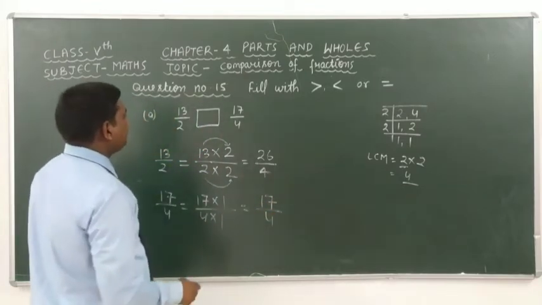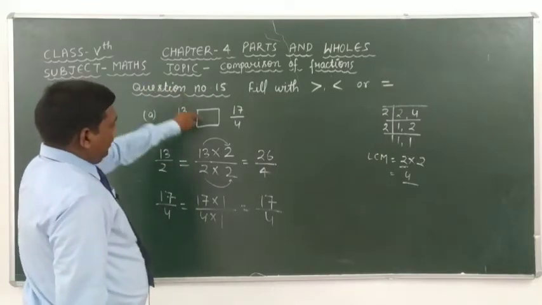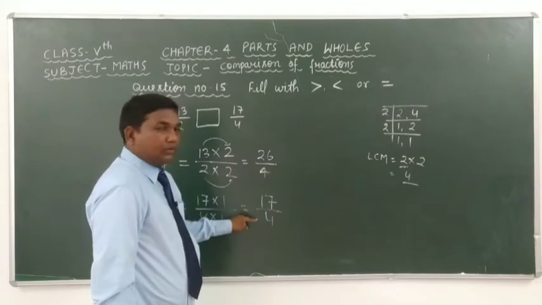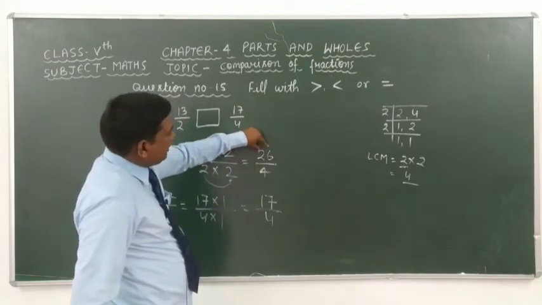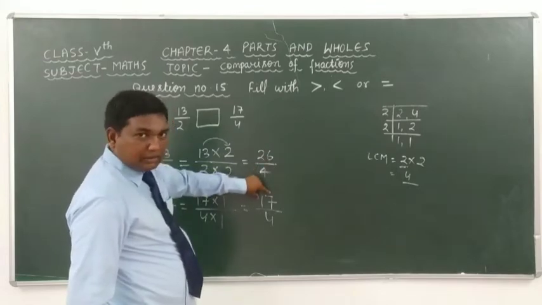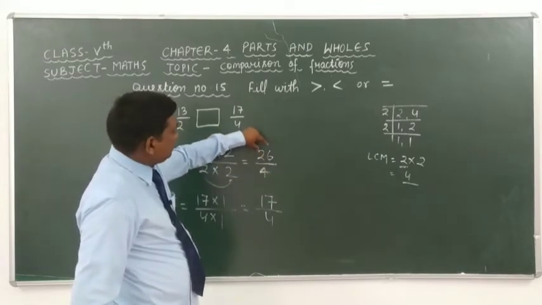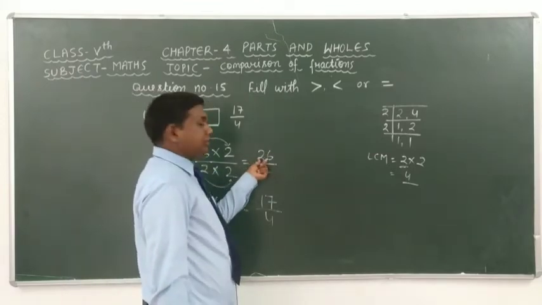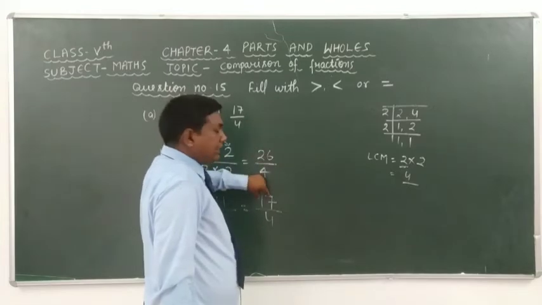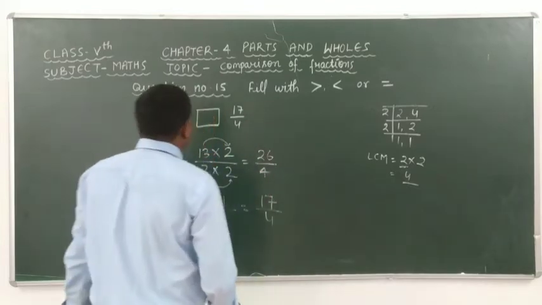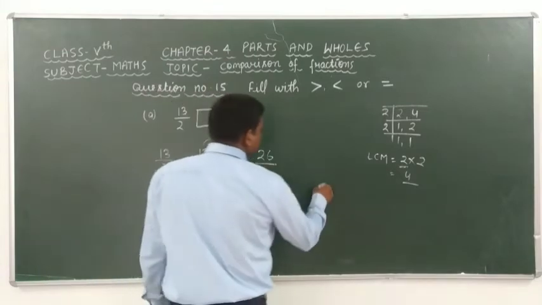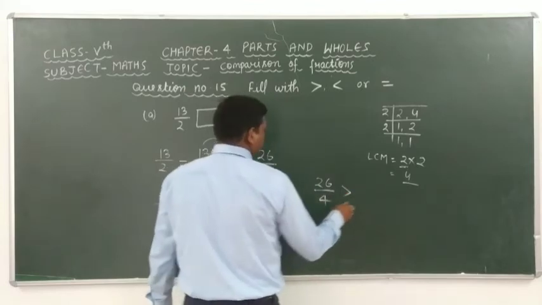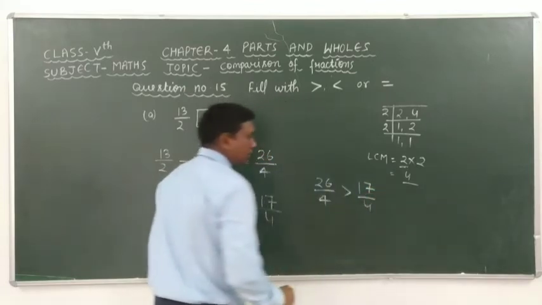Look at here carefully. In these fractions, which is greater? We know that 26 is greater than 17. Therefore we can write 26 over 4 is greater than 17 over 4.